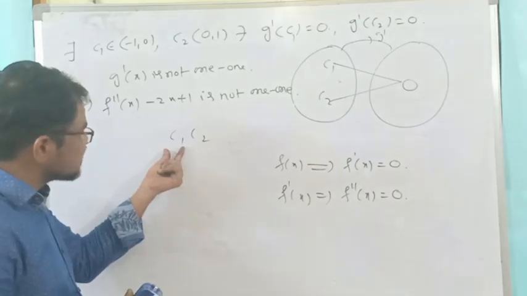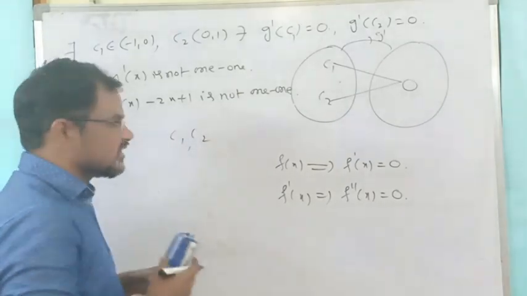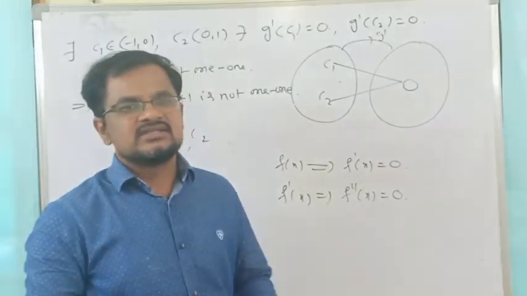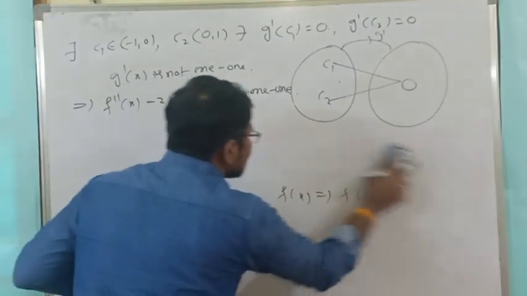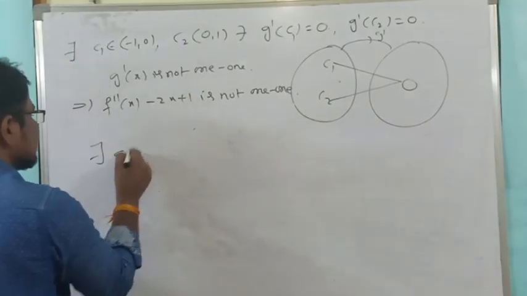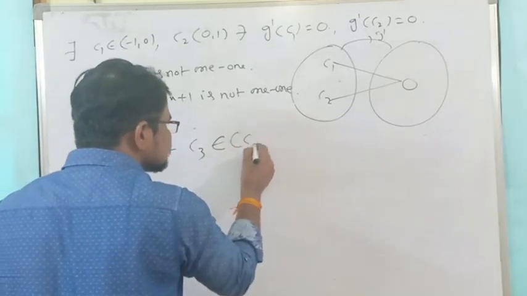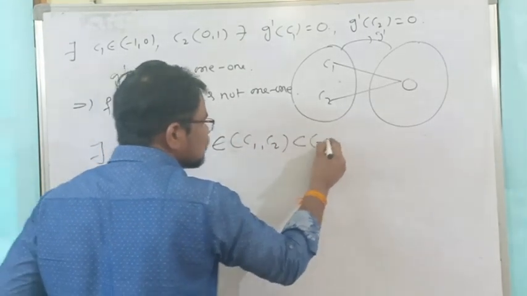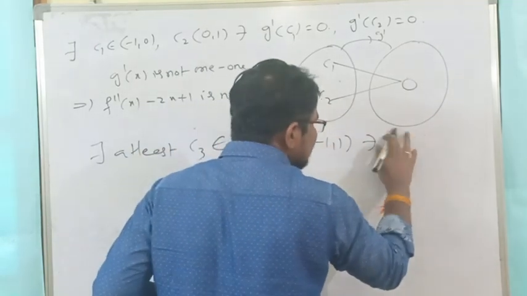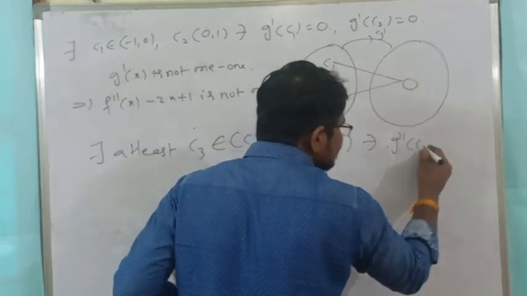So g dash of c1 is 0 and g dash of c2 also 0. So that's why we can say there exists at least one root c3 which belongs to (c1, c2), subset of (minus 1, 1), such that g double dash of c3 equal to 0.